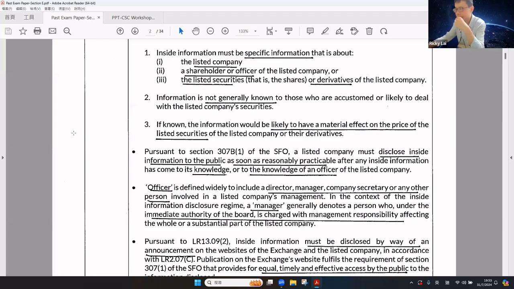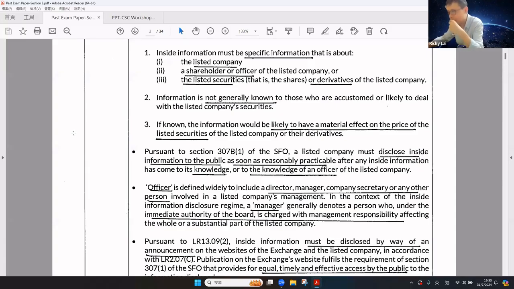If there is any inside information, let's say in this case financial information and also the market rumor, then according to section 307B of the SFO, the company must disclose the inside information to the public as soon as reasonably practicable after it has come to its knowledge or to the knowledge of an officer of the listed company.